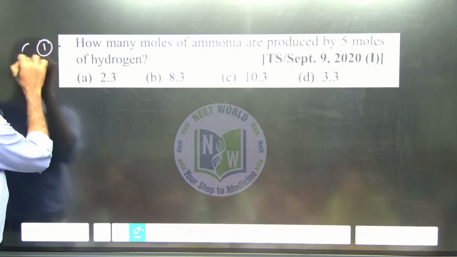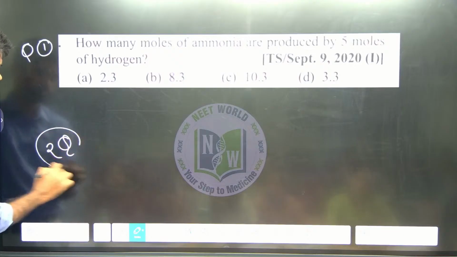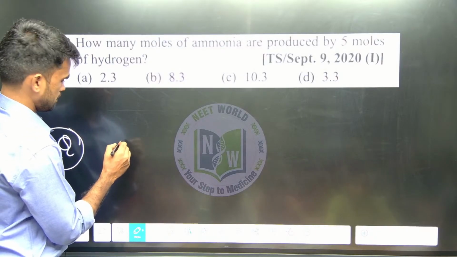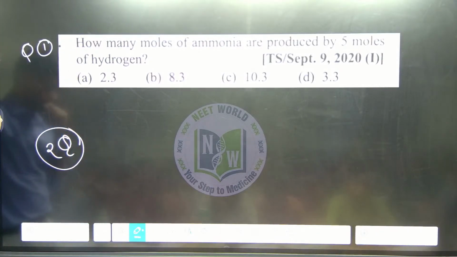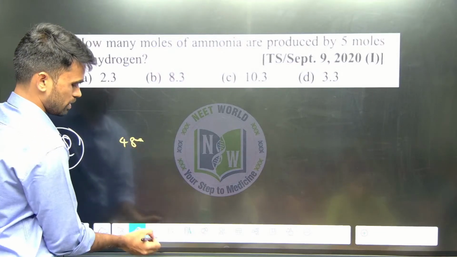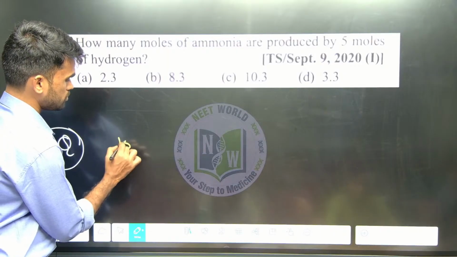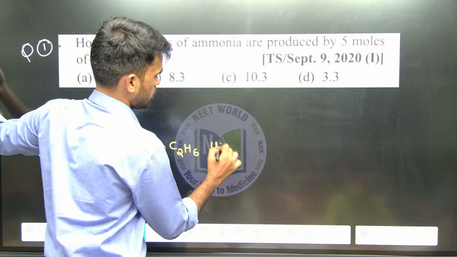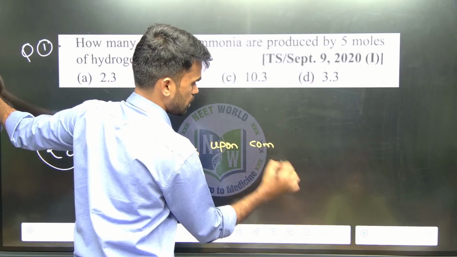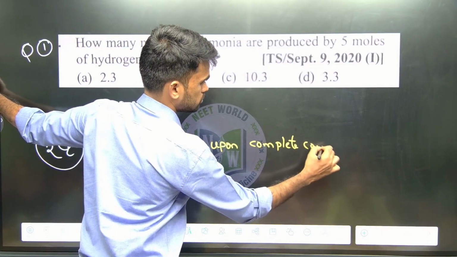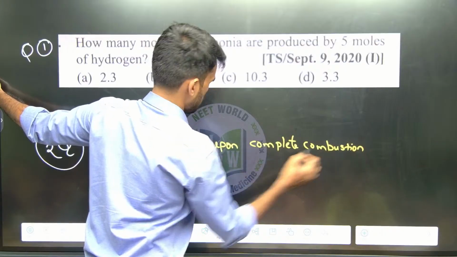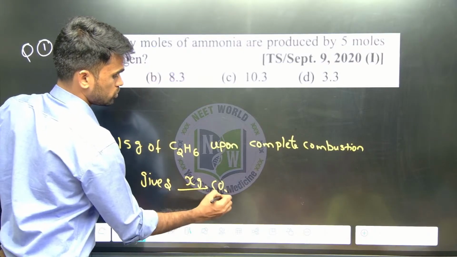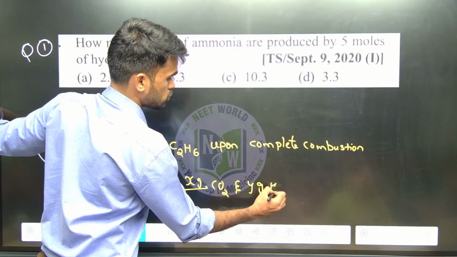This is question number 1 as homework, and question number 2. 48 grams, okay, it is difficult, okay. 15 grams of ethane upon complete combustion gives X grams of CO2 and Y grams of H2O.